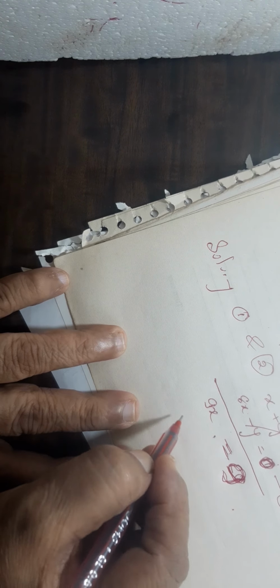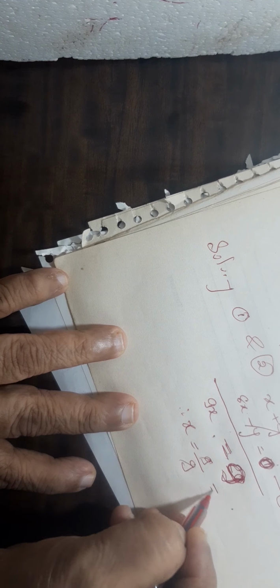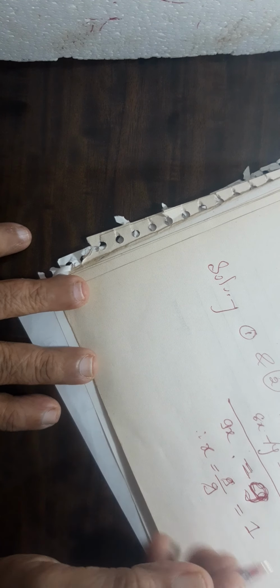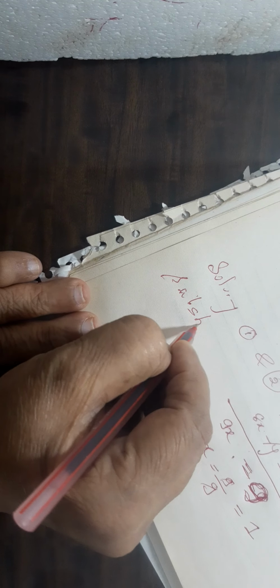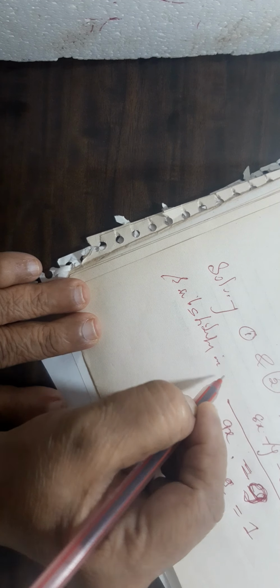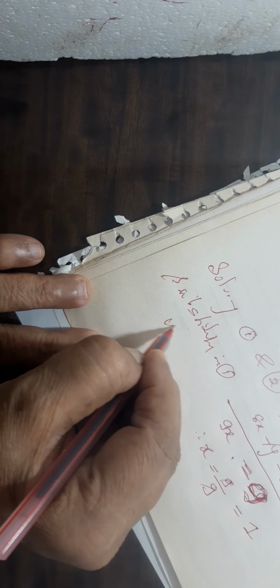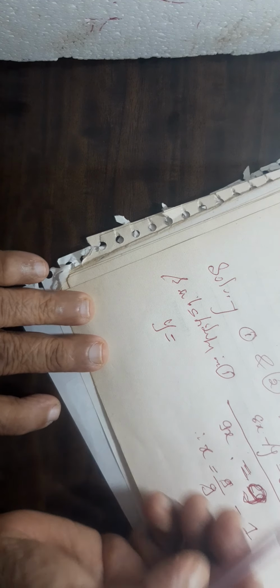So 9x is equal to 9. Therefore x is equal to 9 by 9, it is equal to 1. Now substituting in 1, I think I am hurrying because it's already time. x plus y is equal to how much there? x plus y is 9.